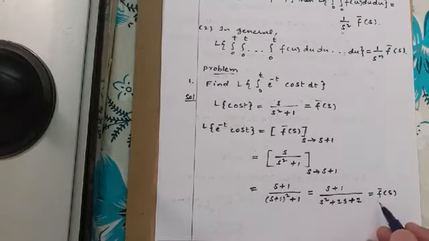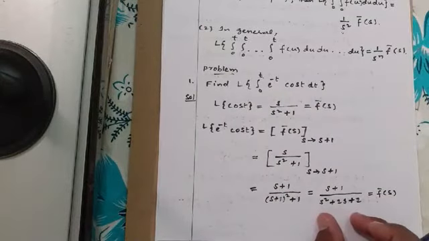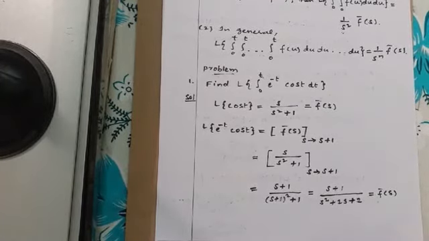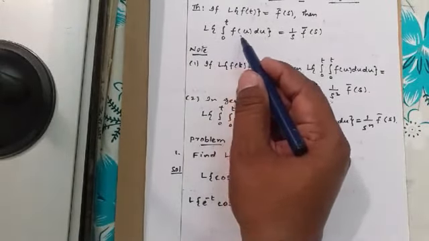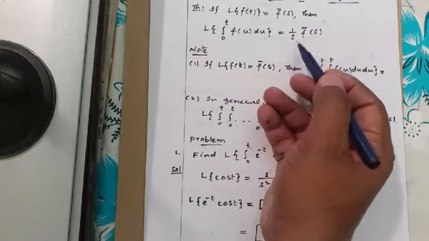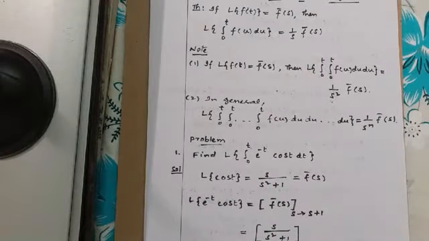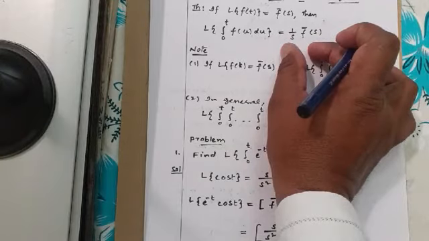After solving, whatever solution you got at last, the resultant s plus 1 by s square plus 2s plus 2, that you have to consider now as f bar s, because here you can see Laplace of integral 0 to t f of u du is equal to 1 upon s f bar s. So whatever you got here, that is f bar s, now we directly substitute in the given theorem statement.